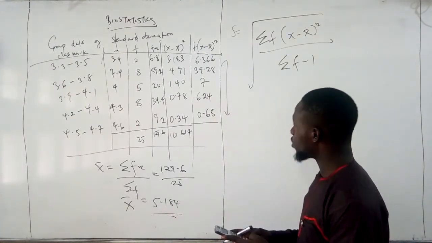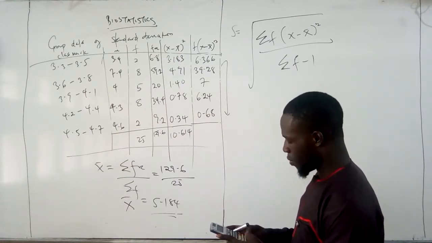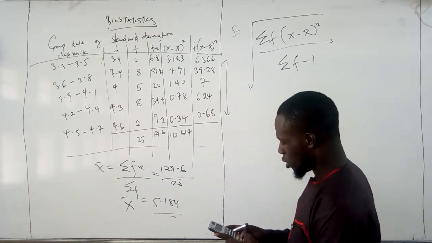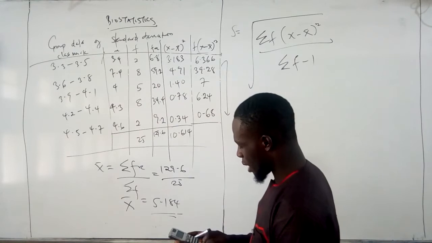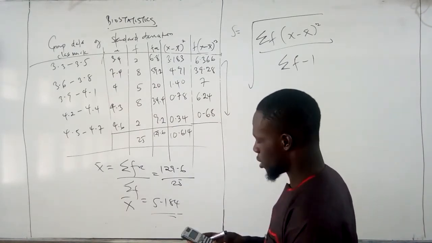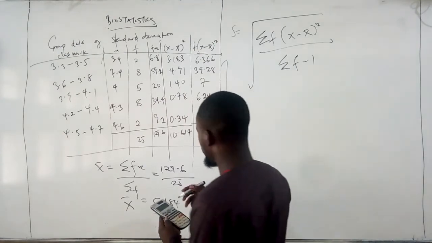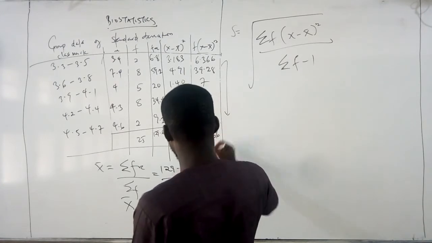Plus 6.24 plus 7 plus 39.28 plus 6.366. So we are going to have 59.566.